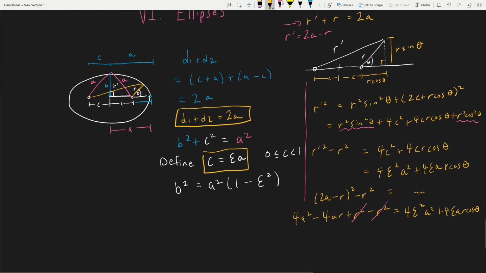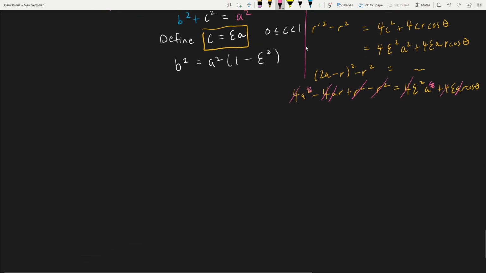Now, the 4a's pretty much all cancel. The 4 is gone, and we lose an a from each term. Let's rearrange and clean this up. So we have a minus r equals epsilon squared a plus epsilon r cos theta.